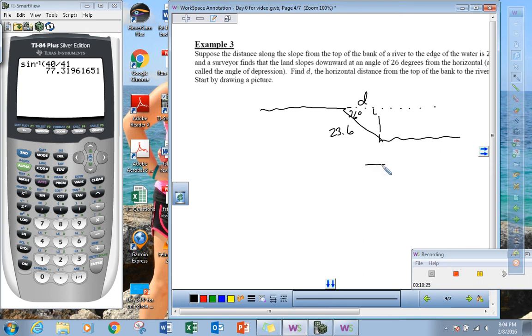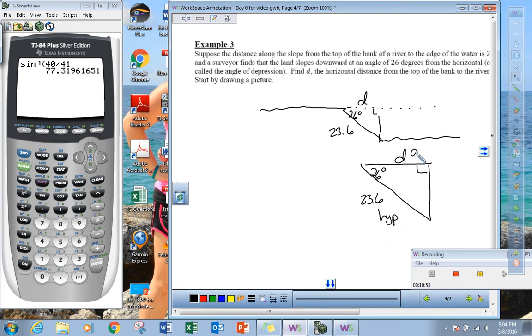So just to kind of give you a better picture, I've got 23.6 right here as my hypotenuse. I've got a 26 degree angle, and we are looking for that right there. You have to decide which trig operation to use this time. So based on your angle, I'm working with the hypotenuse.